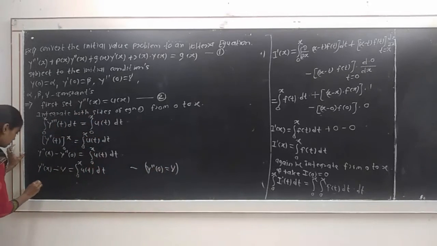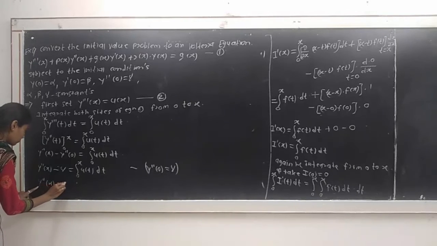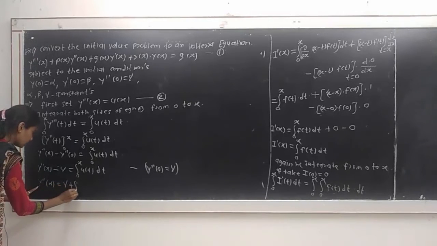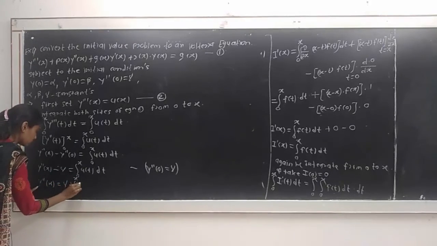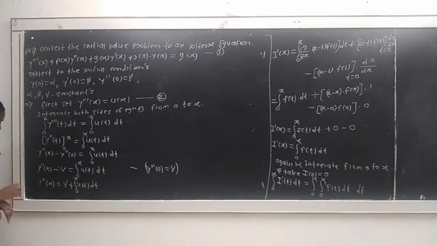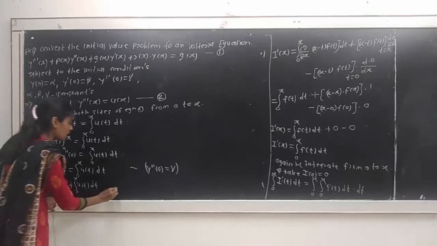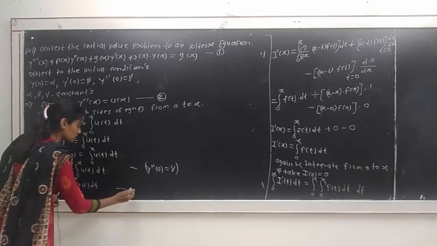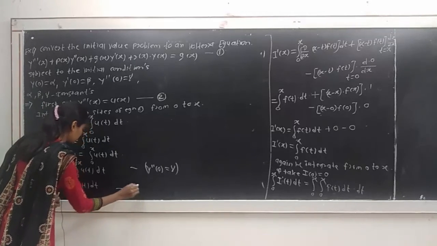Then we shift this gamma to this side, we get y double dash of x is equal to gamma plus the integration from 0 to x of u of t dt. Take this equation, that is the value of y double dash, as equation number 3.